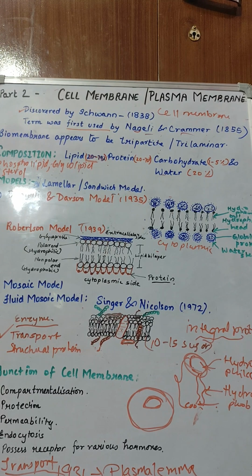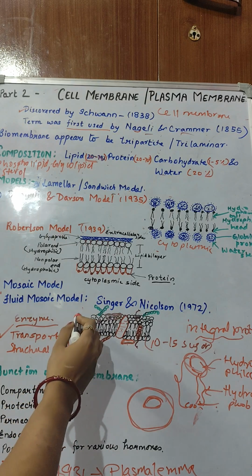But the most widely accepted model is the mosaic model, which is a recent one. It came in 1972. It was given by Singer and Nicholson. The Singer and Nicholson fluid mosaic model was the best model, and it was the most widely accepted model about biomembrane.